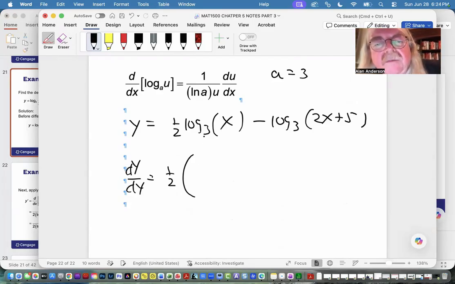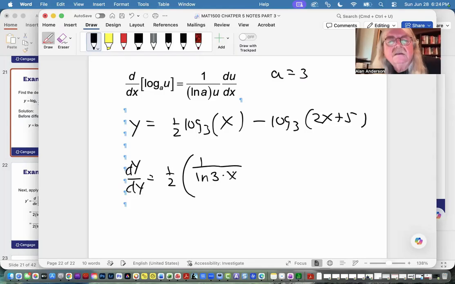And so again, remember here we're thinking of u as the x, a is the 3. And then du dx would just be 1 in this case. And then this one, so this is our u, du dx would be the 1.